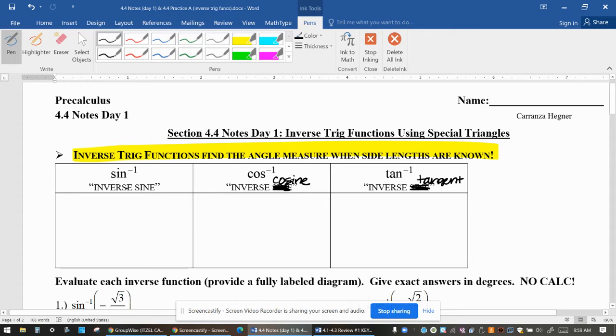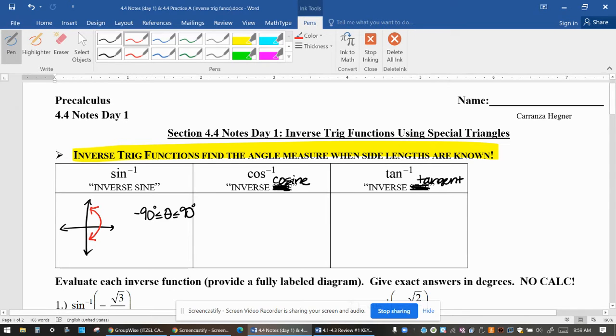So sine inverse is restricted. When you're finding sine inverse, you have to give an angle that is between -90 and 90 degrees. Okay, it can be equal to 90. So just as a heads up, that means that you're restricted within this area here.